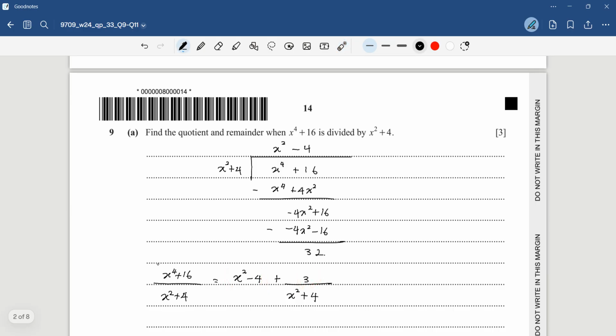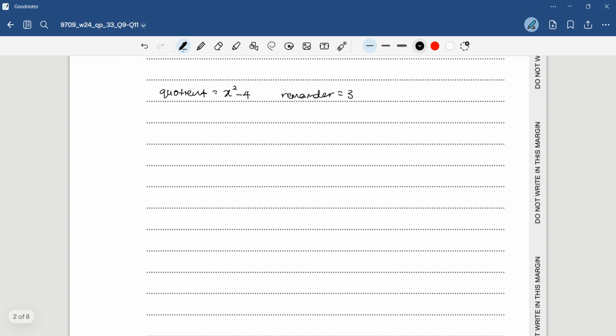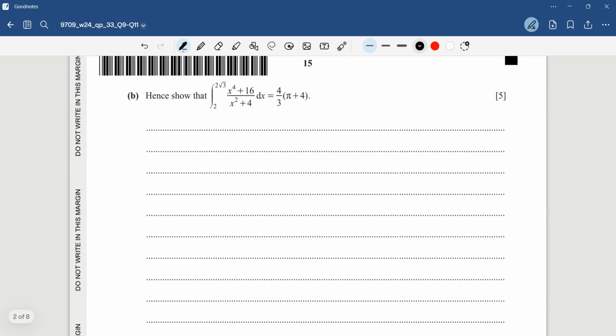So you can write as it is. So the quotient is equivalent to x squared minus 4 and the remainder will be 32. Okay, hence show this can be rewritten this way.